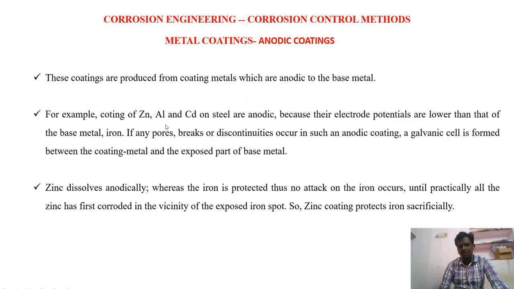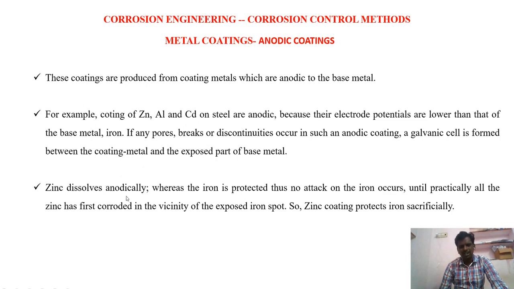These zinc, aluminum and cadmium have lower electrode potentials, and they undergo corrosion rapidly instead of the base metal. If any pores or breaks happen on the surface of the metal, then a galvanic cell is formed between the anodic coating and the base metal. This is the very important thing. Here I gave one example.